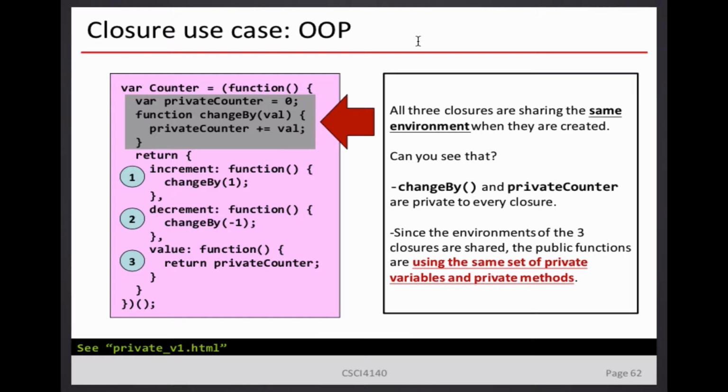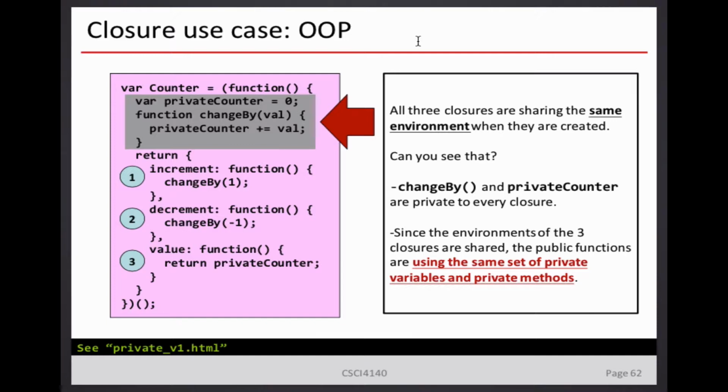Can I call this? It seems not, right? Because it does not belong to the definition of the return object. The definition only includes these. changeBy -1 is a failed call. You will have an undefined or some other syntax error coming out.